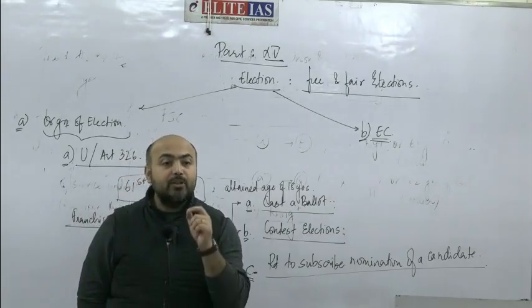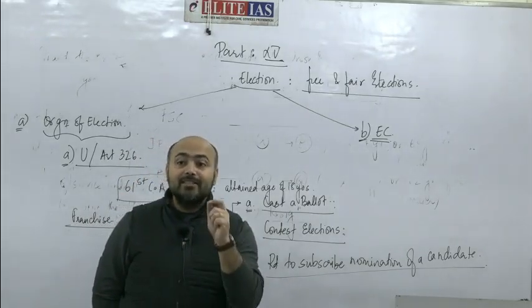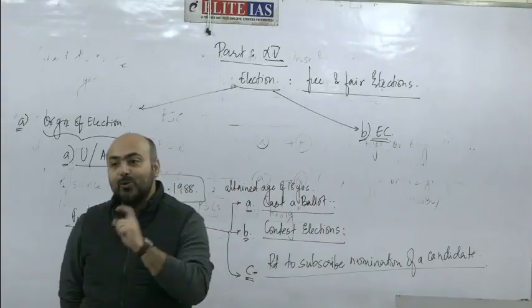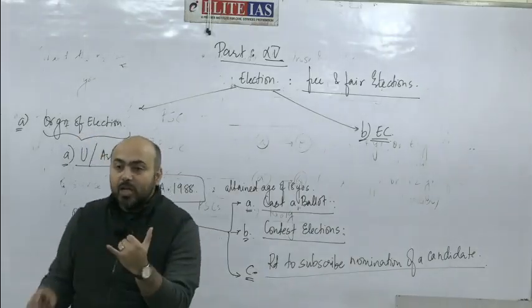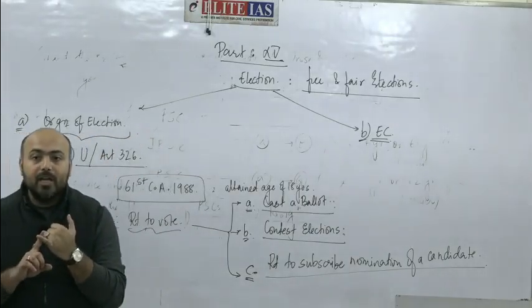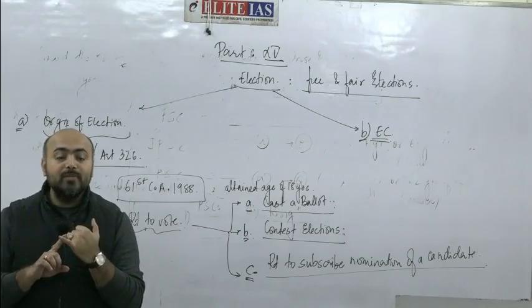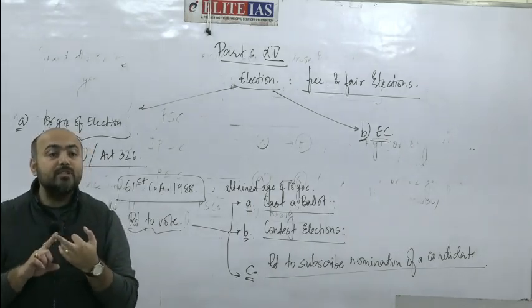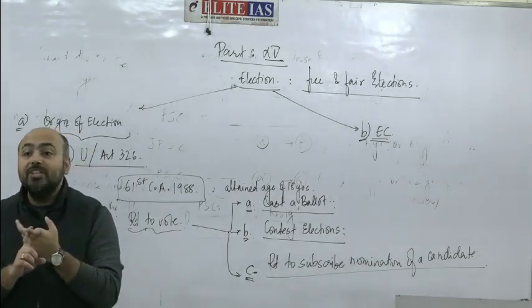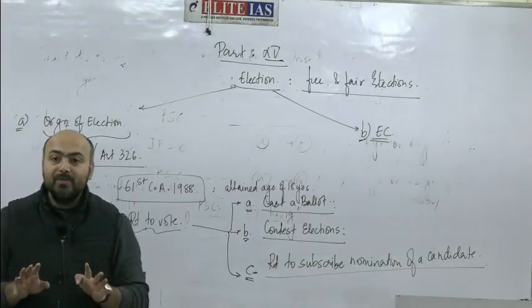Why? Because the Constitution provides for a single electoral roll, not multiple, not on the basis of religion, not on the basis of race, not on the basis of caste, not on the basis of gender. No such division can be made.